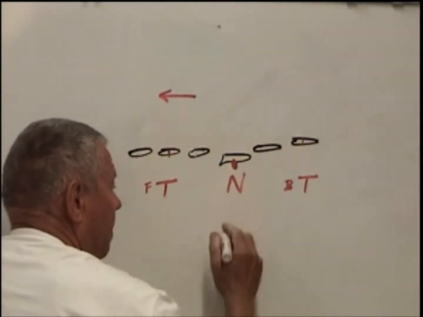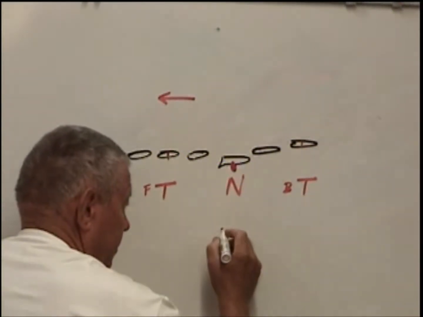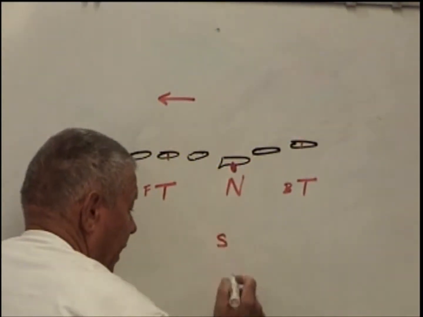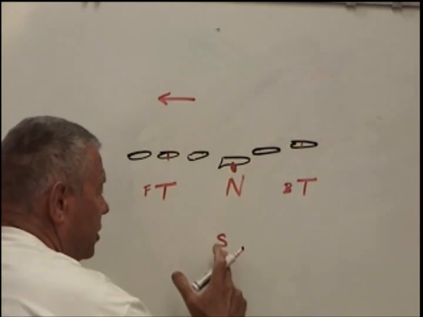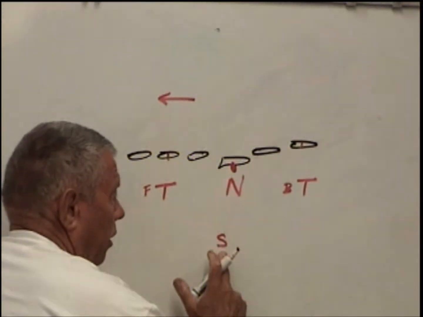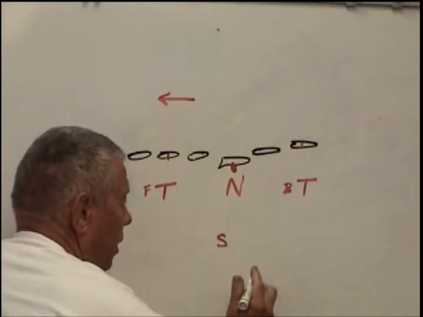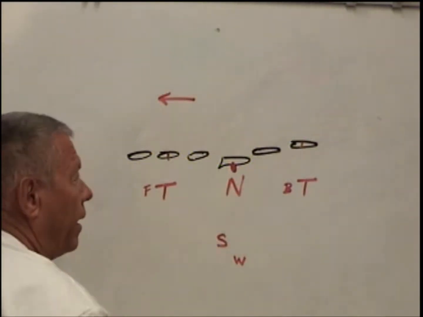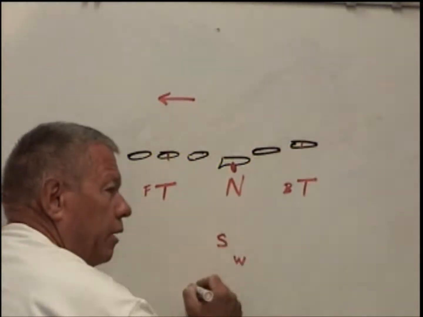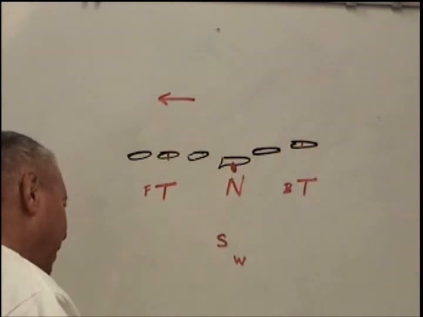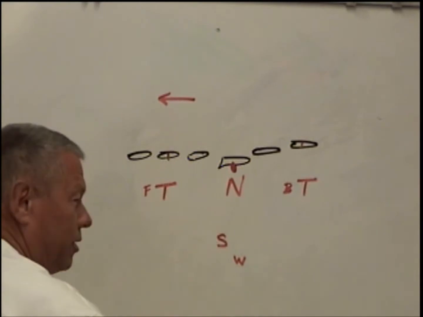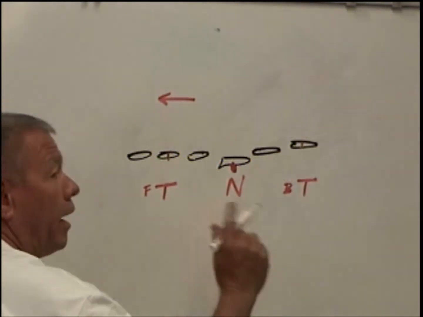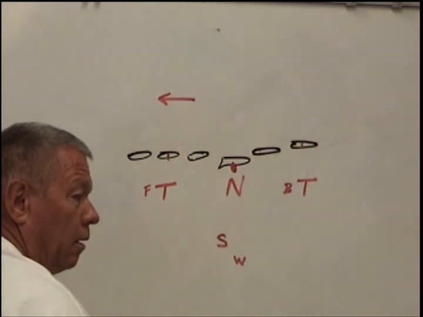What happens, S, based on his depth, which I'll explain in a minute, S is usually off anywhere from 4 to 4.5, and W is just off his hip a half yard deep. You can see why. The tight end comes out here, they go whoop whoop, and then they'll crash into each other, right? No, because you pay attention to detail. They run tight end flip, you got time to flip it.